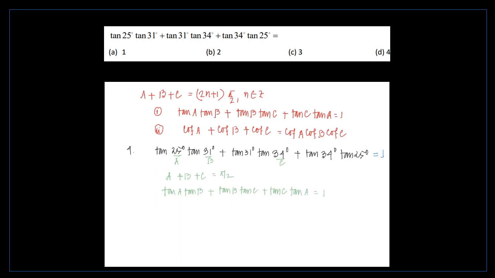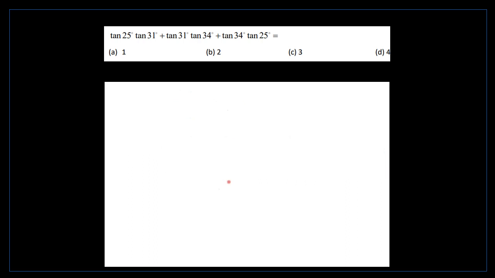We can understand this form also very easily. Here we have A plus B plus C equal to pi by 2.